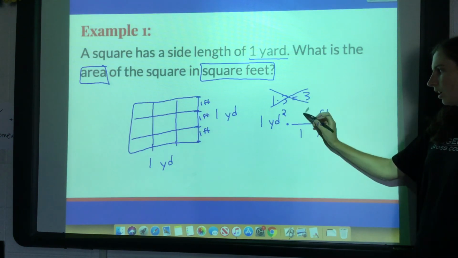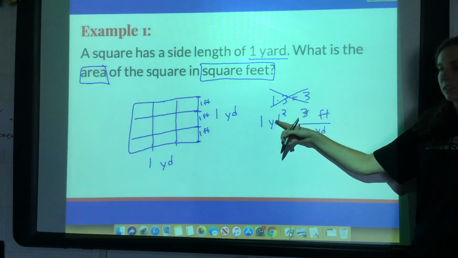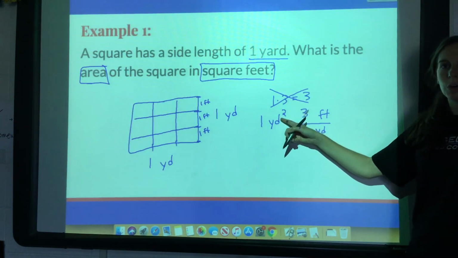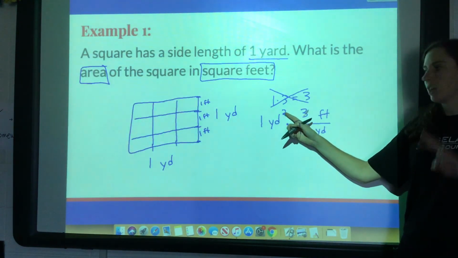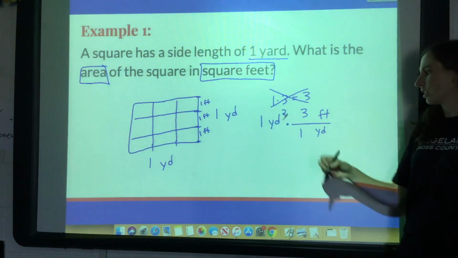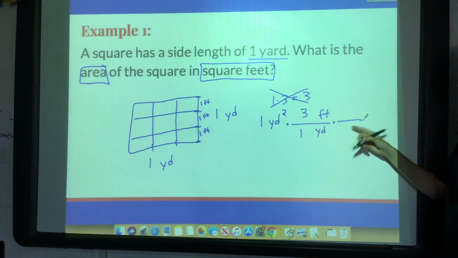I know there's 1 yard to every 3 feet, but this doesn't cancel this. A yard and a yard squared don't cancel out. Think about a yard squared as a yard times a yard. And so in order to cancel this, I need another yard down here.